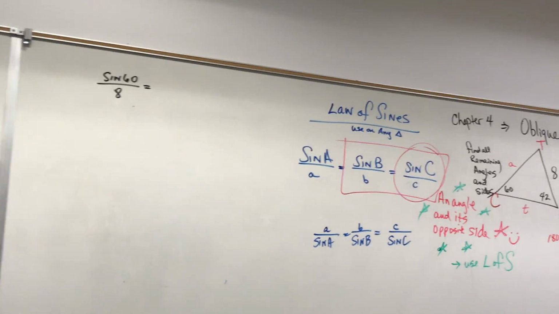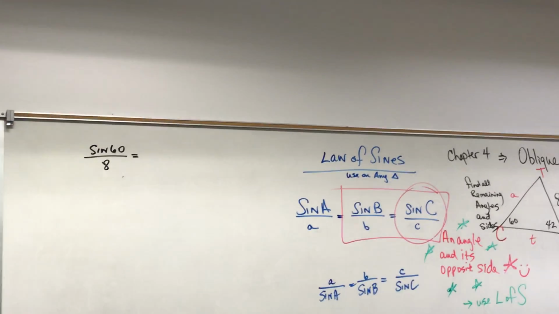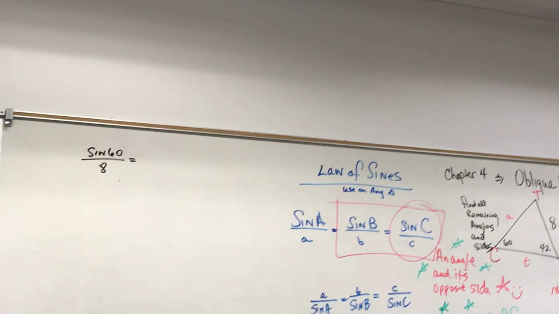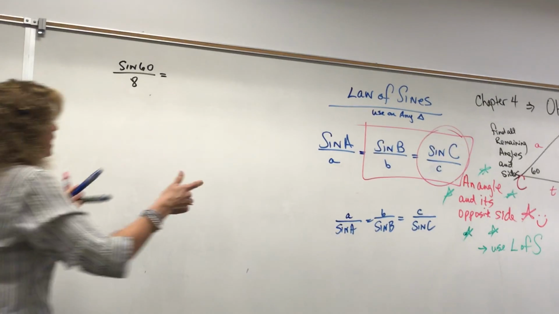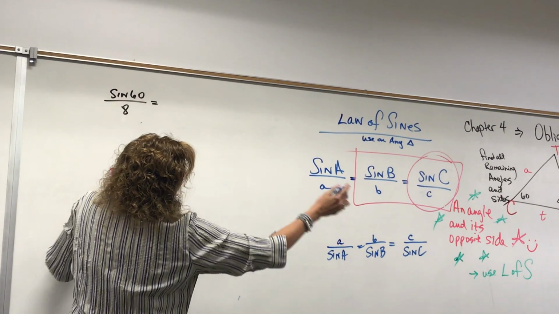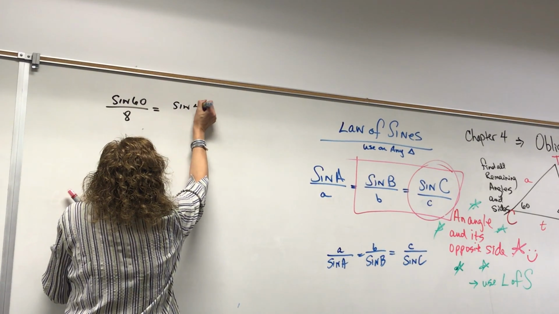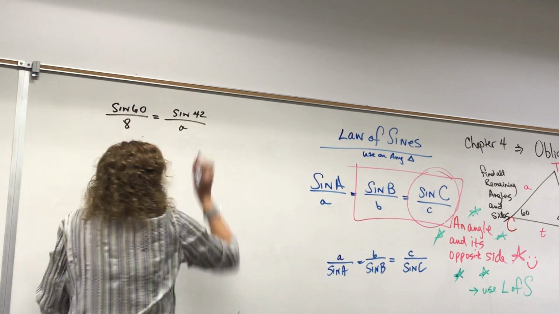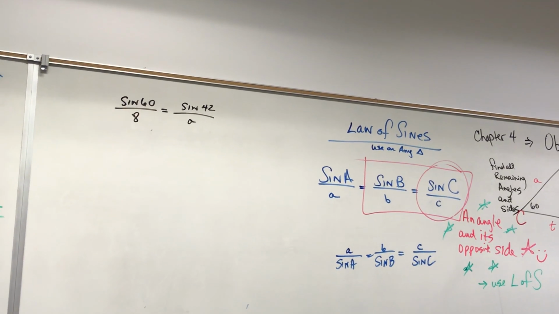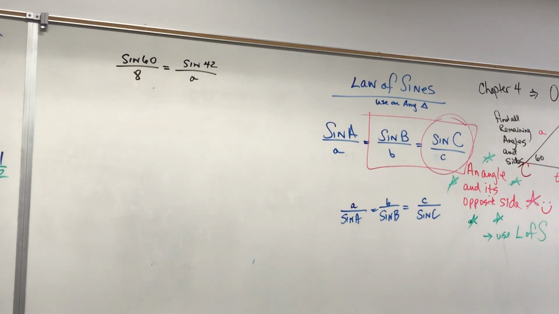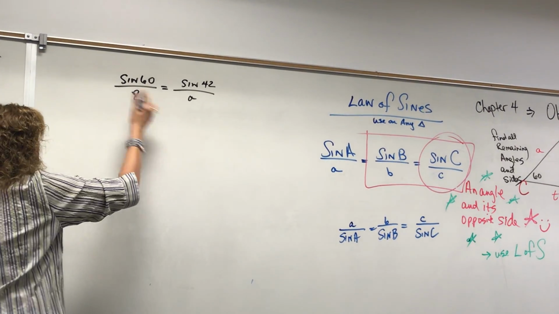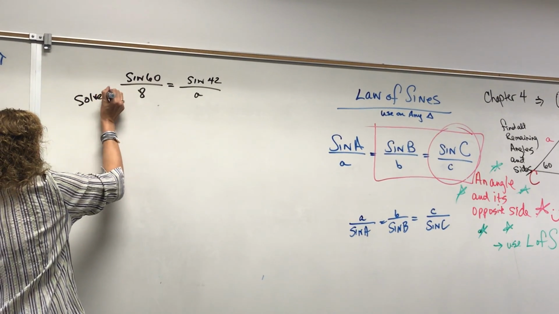What can we figure out based on angle A and this other information? Side A. So the sine of 42 over side A. Those are the three pieces of information. Now we've got that set up, and we're going to solve.